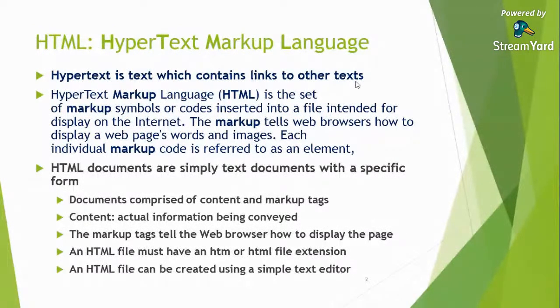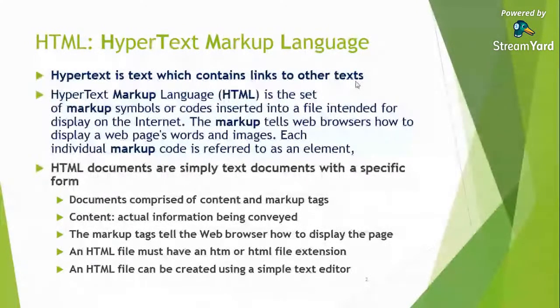And what is the full meaning? Hypertext markup language. Markup is nothing but a code or symbol through which we write something that will be displayed in a web page or on the internet. That is called markup. Markup tells the web browser. There are two terms we have to remember.